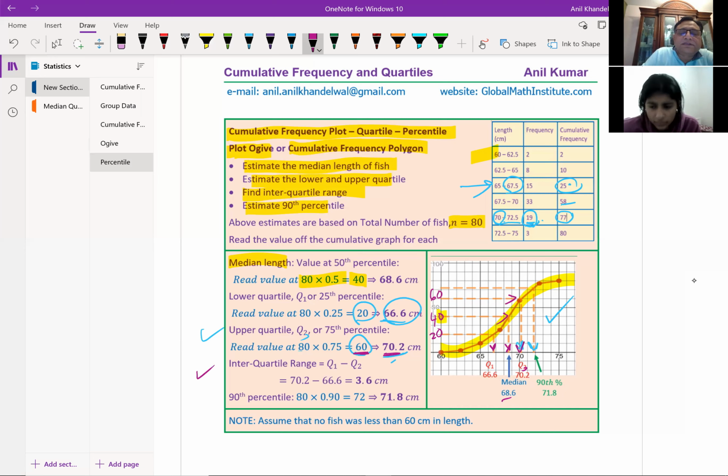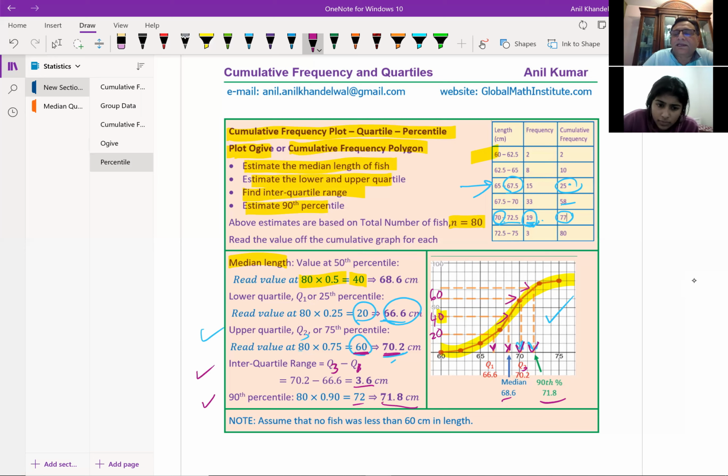Interquartile range is the difference between Q3 and Q1. Okay. And so it is 70.2 minus 66.6, and it's just 3.6 in this particular case, right? That is the interquartile range. 90th percentile means I'll multiply 80 by 0.9, get 72, and at 72, I've drawn a horizontal line which ends up on the axis at a point which reaches 71.8.